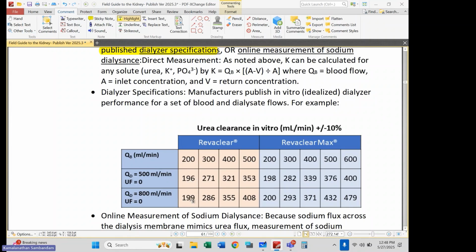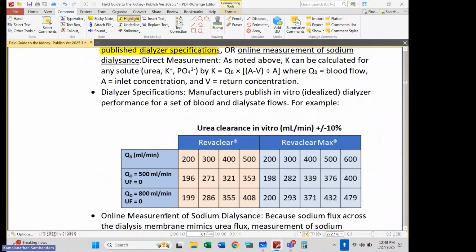And you can see that I don't get any more bang for my buck, essentially, by cranking up my blood flow rate, dialysate flow rate to 800. You can never go above my blood flow rate with urea clearance, okay? And even when I go to a bigger dialyzer, you can see that I'm not getting any more bang for my buck, right? Still 200, I'm maxed out.